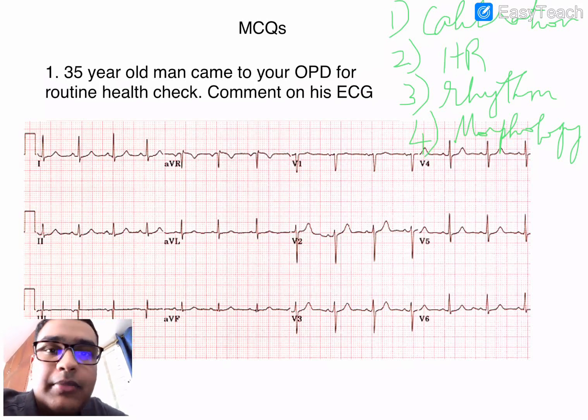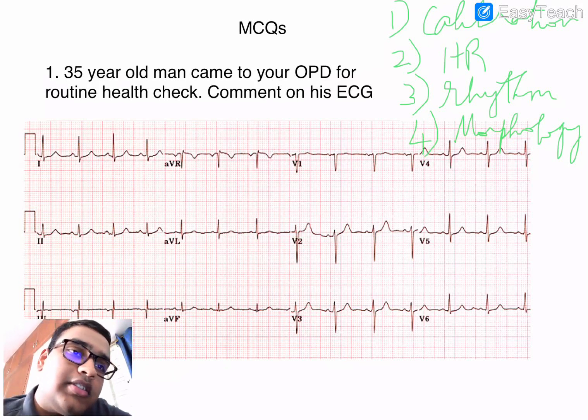First, calibration. As you can see here, this is 2 large squares, so the calibration is normal. Second, heart rate, which you can calculate based on the RR interval. Next, rhythm. This looks like a normal, regular rhythm. You can see the RR intervals are all regular.